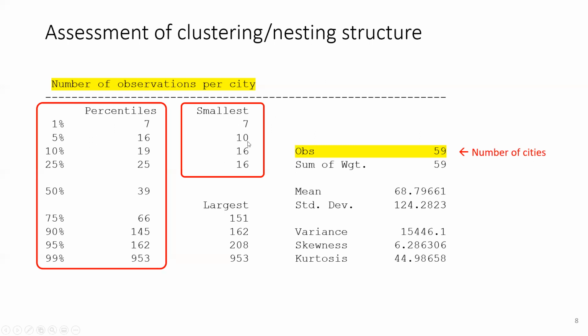It's quite small. And second smallest, 10 individuals within a city, and so on. And the median size is 39 individual records per city. And the biggest one is about 950.